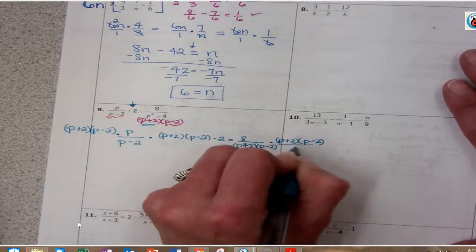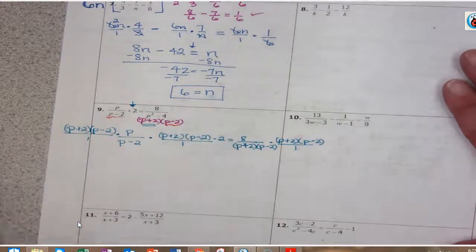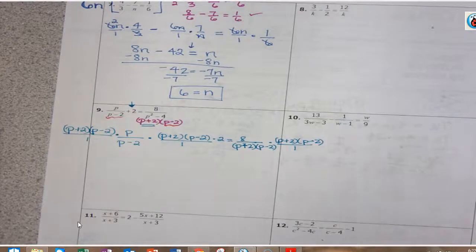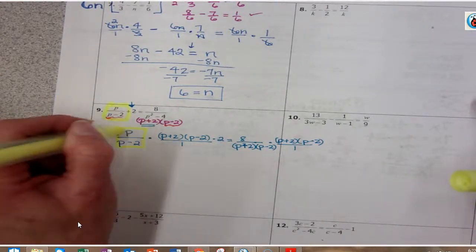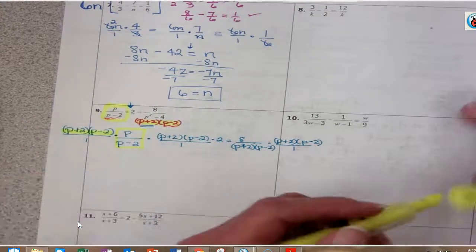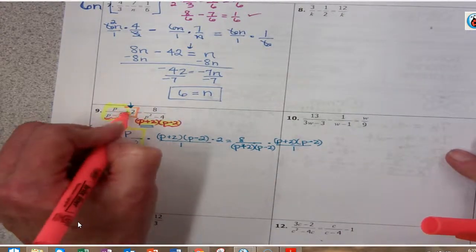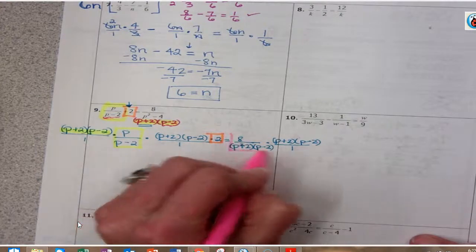So here's what I'm doing. I'm multiplying everything in this equation, so this by this, and I'm multiplying this, and I'm multiplying this.